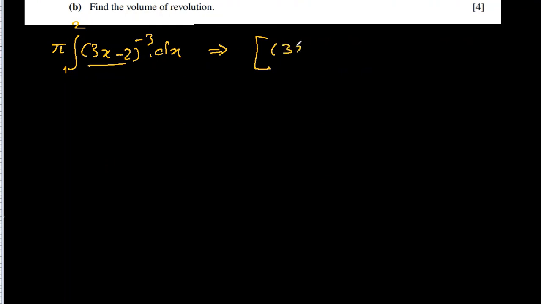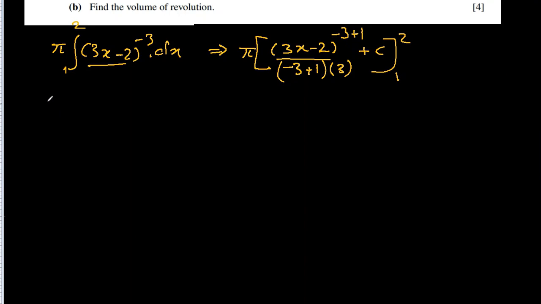The power 3x minus 2 to the minus 3, and 1 will be added to it and divided by the same, and further divided by the differentiation of 3x minus 2, which is the content of the function, whose differentiation is 3, and pi in front again, plus c, and our limits are 1 to 2.